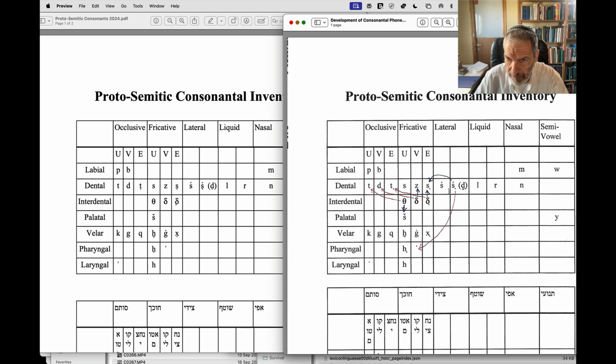And then look at this line. The interdentals all drop out in both Hebrew and Aramaic, and in modern Arabic dialects we can see this as well, but in many cases. So Proto-Semitic th in Hebrew just moves further back in the mouth from th to sh.